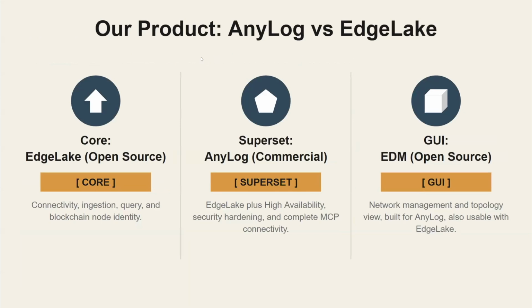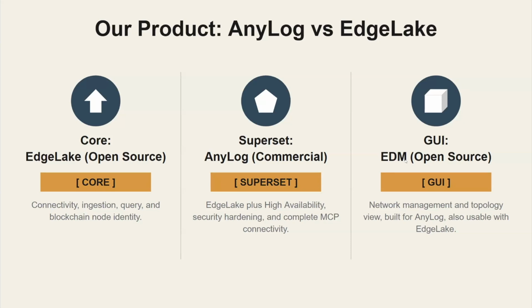As I often like to do, I'll do a quick comparison of AnyLog versus EdgeLake. AnyLog is the commercial version, whereas EdgeLake is the open source. EdgeLake has all of the core components: connectivity, ingestion, querying, blockchain identity, pretty much everything critical to the infrastructure of your network.